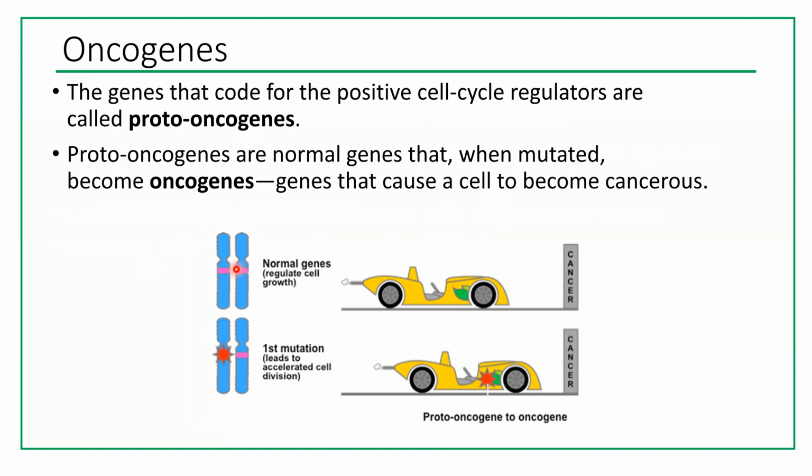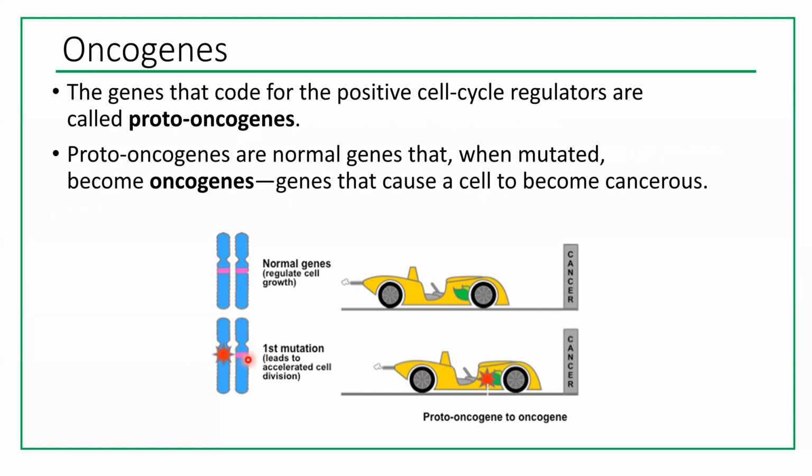You need cell division. Now, what happens if a mutation happens in one gene? Well, if a mutation happens in one gene, you accelerate cell division. It's like you push on the gas in the car, but you still have one normal gene. So this is not that dangerous a situation yet, right?